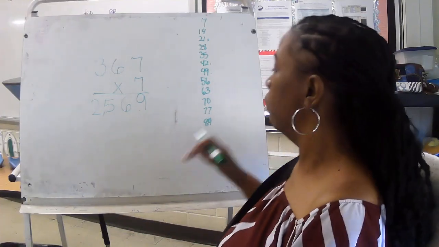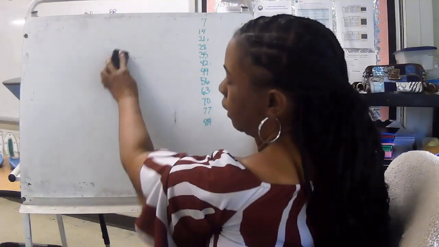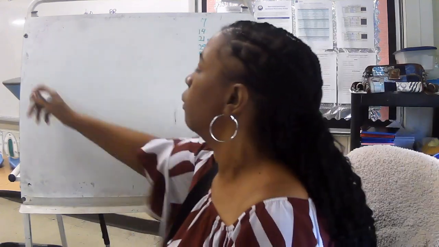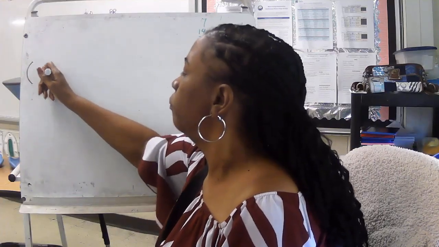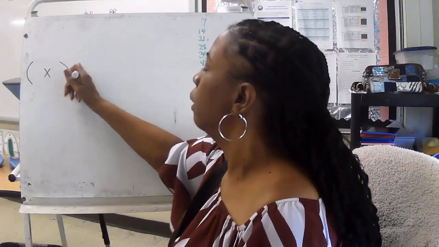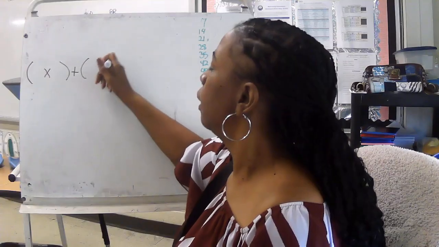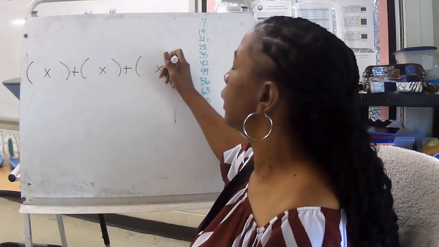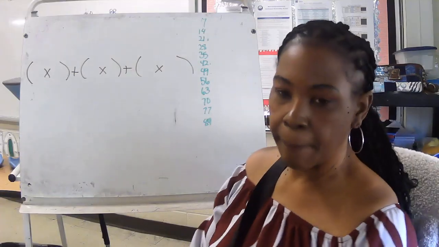Okay? So now we're going to do that same problem, 367 times 7, and we're going to do that side by side with distributive property and the area model. So here's distributive property, and I'm doing 3 parentheses. Why? Scholars, tell your parents, why are we doing 3 parentheses for 367 times 7?